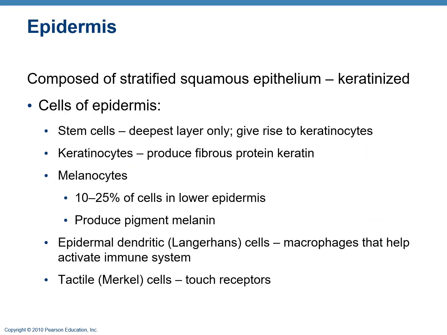All right, so the epidermis is comprised of stratified squamous epithelium, which is keratinized. Remember back to our histology studies, stratified just refers to the fact that there's more than a single layer of cells. Squamous refers to these flattened scale-like cells.